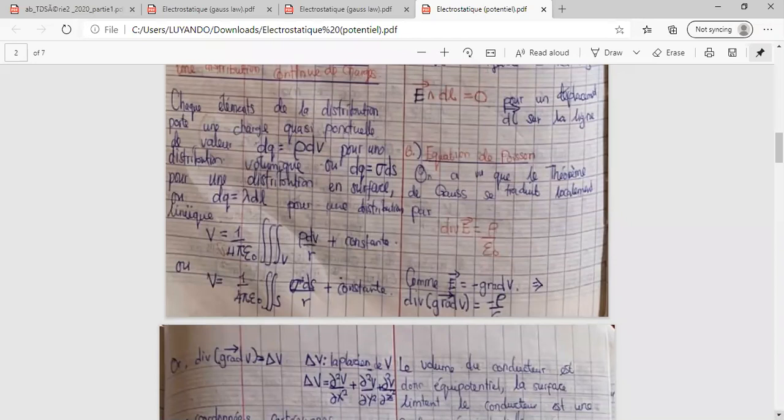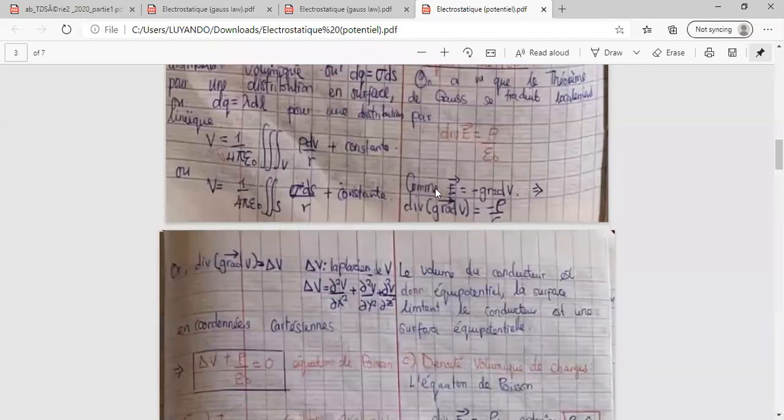We've established that E is equal to minus the gradient of V. So where there's E, we replace it with the gradient of V to get the Poisson equation. We have the divergence of the gradient of V equal to rho over epsilon 0.